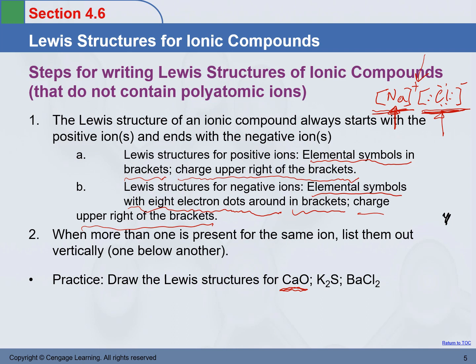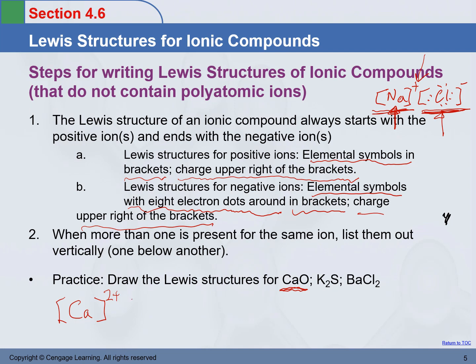So, calcium first, the positive ion, put the elemental symbol in the bracket. Charge upper right. What is the charge for calcium? We know it's positive. Calcium is in column 2A. Column 2A metals will lose 2 electrons. So the charge will be 2 plus.